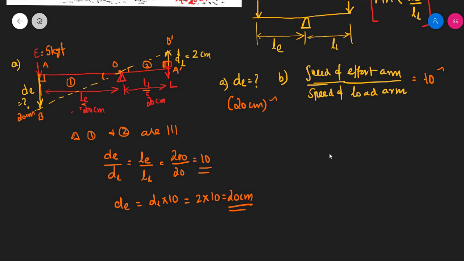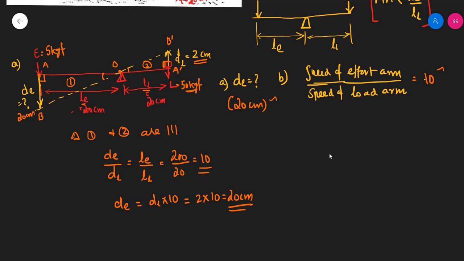So the product of 5 into 20 would be equal to, in this particular case, your load was moved up, and load was initially 50 kgf, but you moved up by 2 centimeters. So your 50 into 2 is 100. So your input and output, they're matching up. We will look into it from the work perspective in the next video, but the interesting thing is your effort arm moves a longer distance than your load arm.